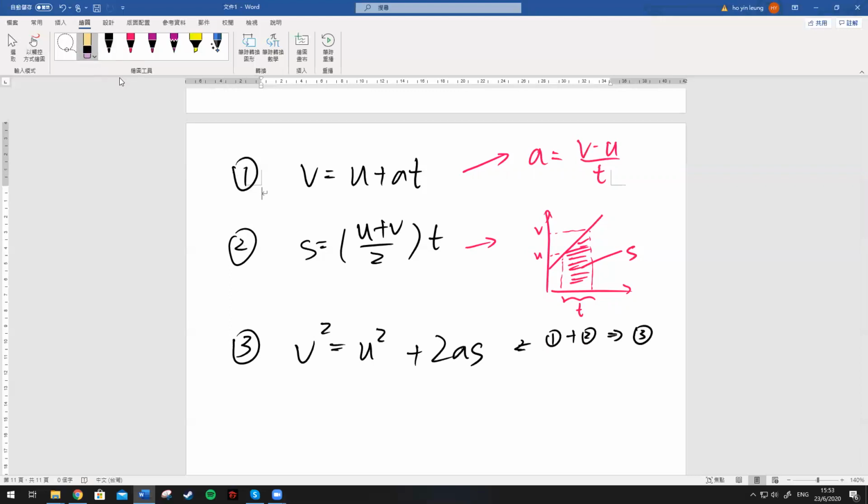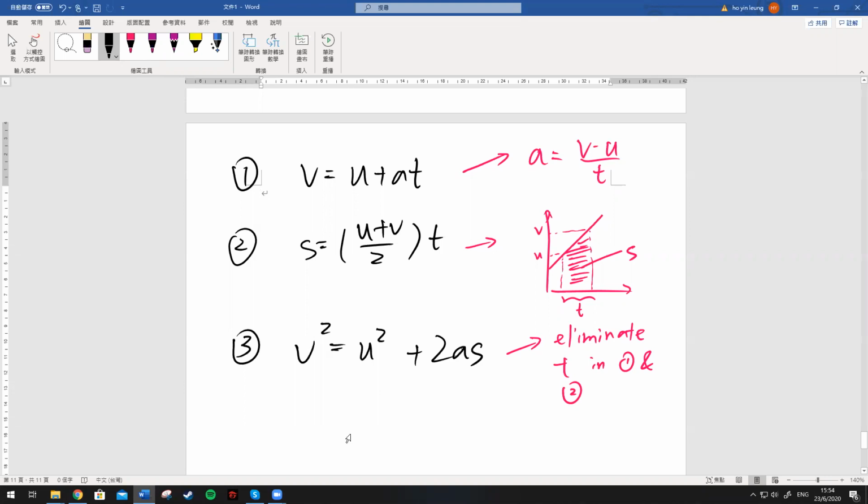Basically, the idea of the proof is to eliminate the t, because this equation doesn't have t. So eliminate t from 1 and 2, and then you will get equality 3.